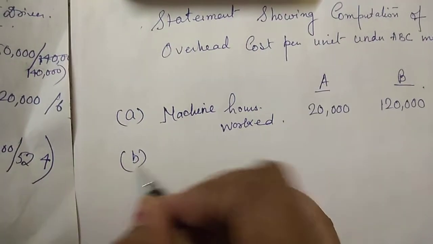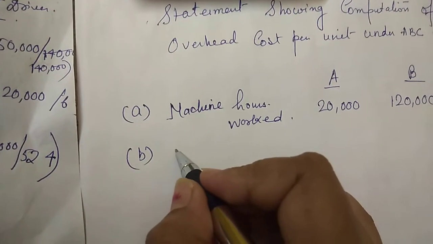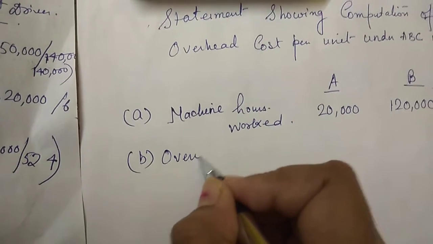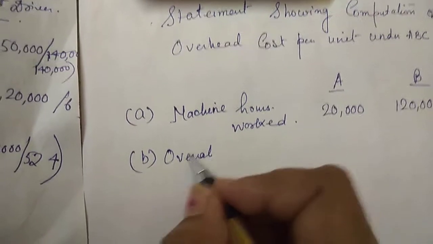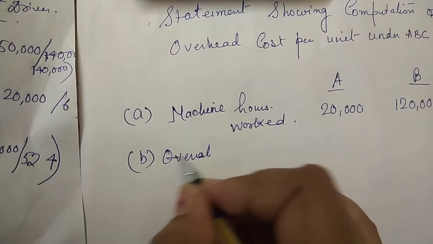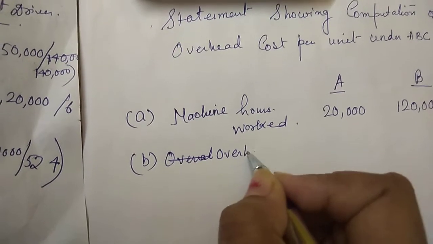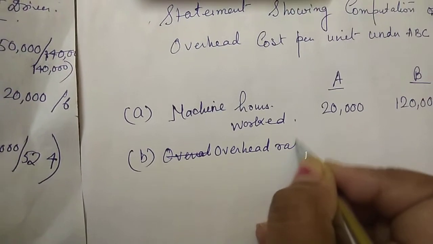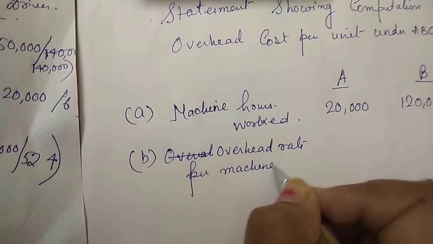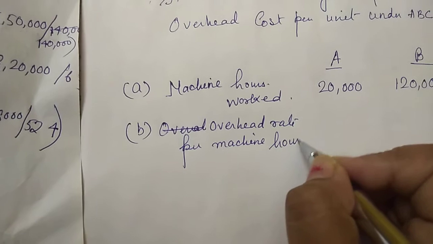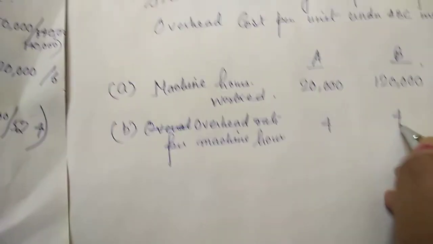Then the overhead rate per machine hour is 4.